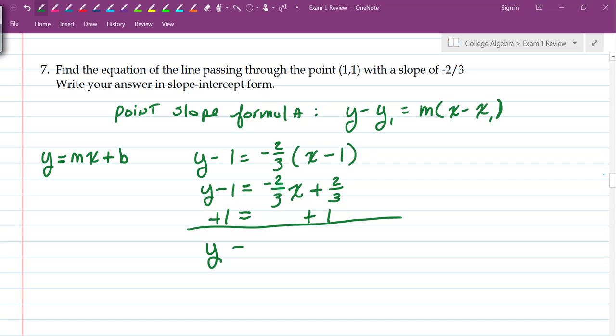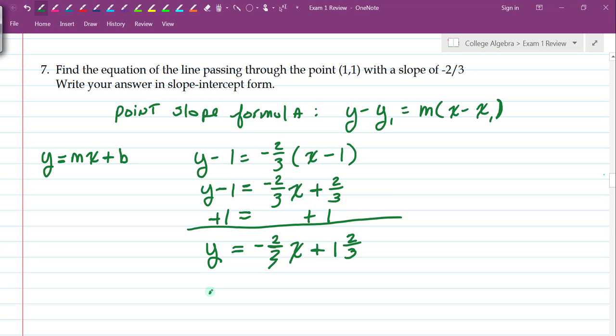y is equal to negative 2/3 x, and then 1 plus 2/3 is 1 2/3, which would be the same thing as 5/3, right?